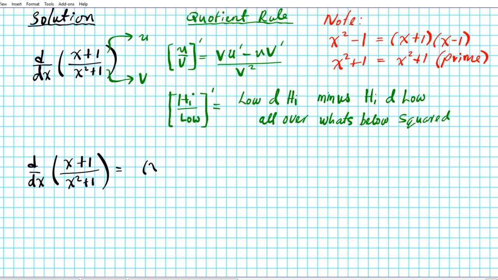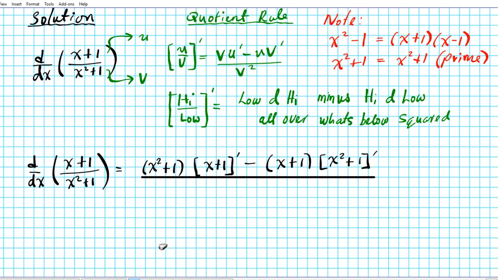So we have (x squared plus 1) times u prime, or d high, so I'm just going to put that in brackets, (x plus 1) prime, minus u v prime: the numerator, x plus 1, times the derivative of the denominator, that's the low, (x squared plus 1) prime. This entire expression divided by low squared, or the square of what's below, however you want to call it. Okay, so what's below is x squared plus 1, or v.